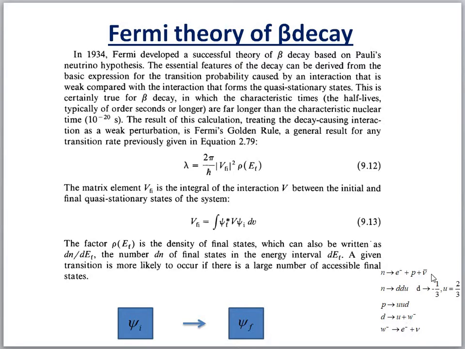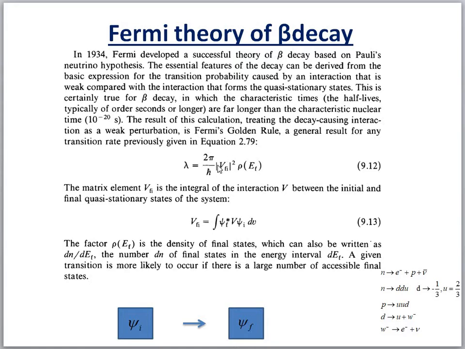Charge is also conserved: the charge of the down quark is minus 1 by 3 and the charge of the up quark is plus 2 by 3, so charge conservation is valid here. Ultimately, this process is a quark conversion from a down quark to an up quark.